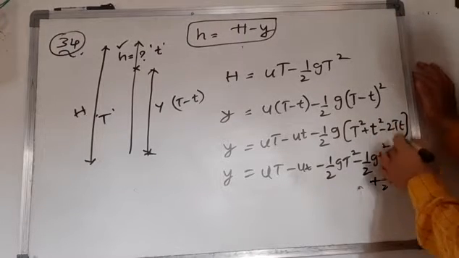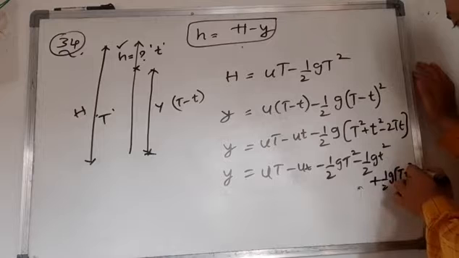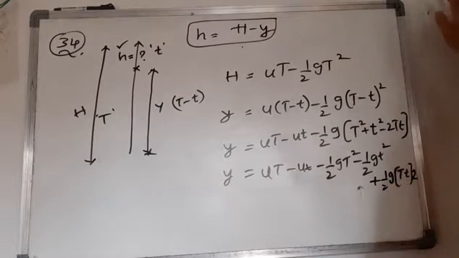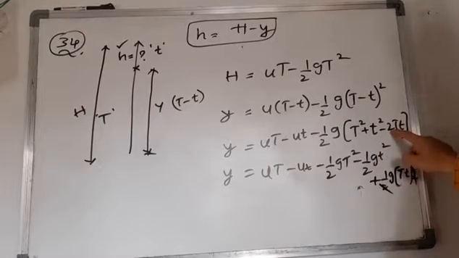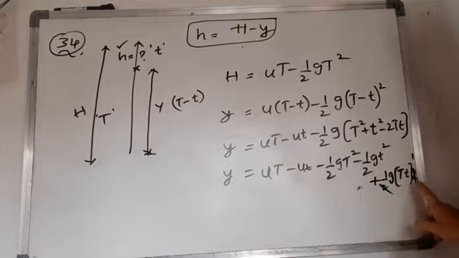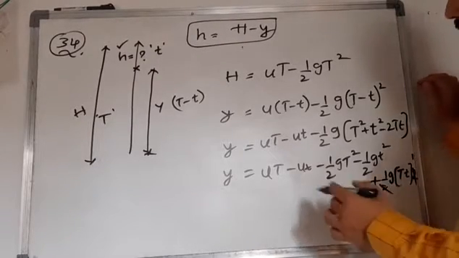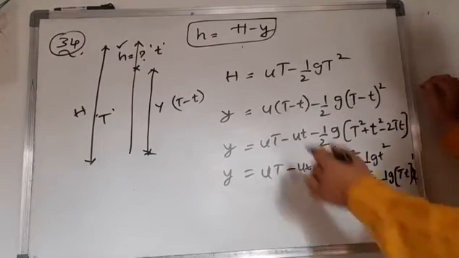This 2 and this 2 will get cancelled after multiplication. So g capital T small t will be there.